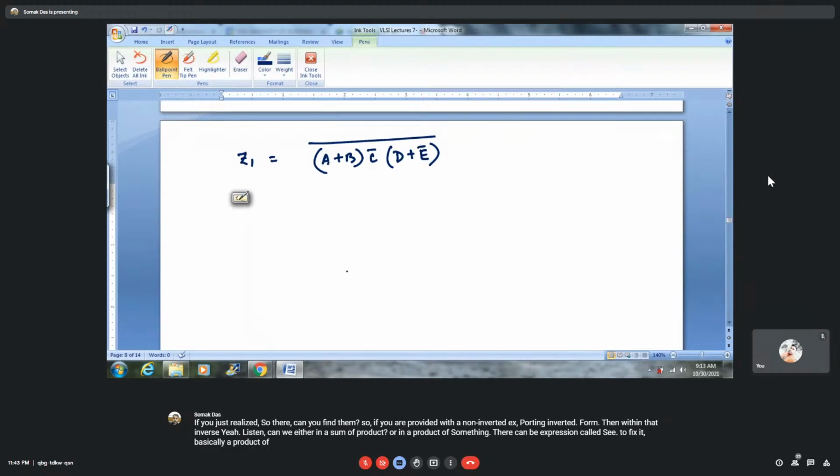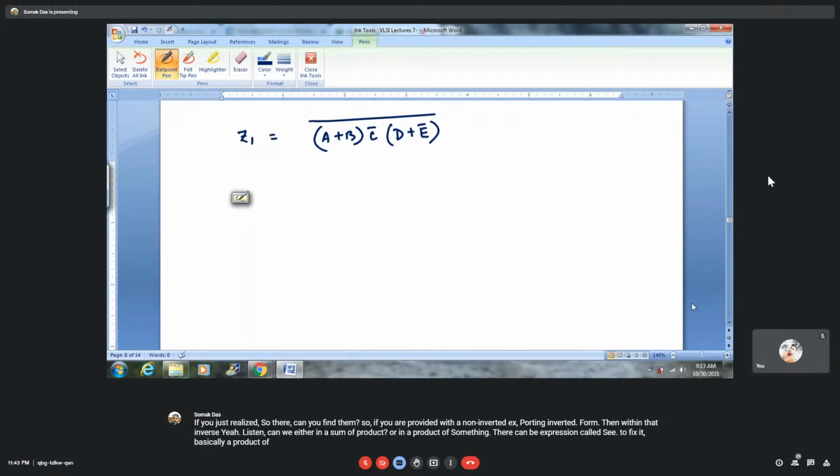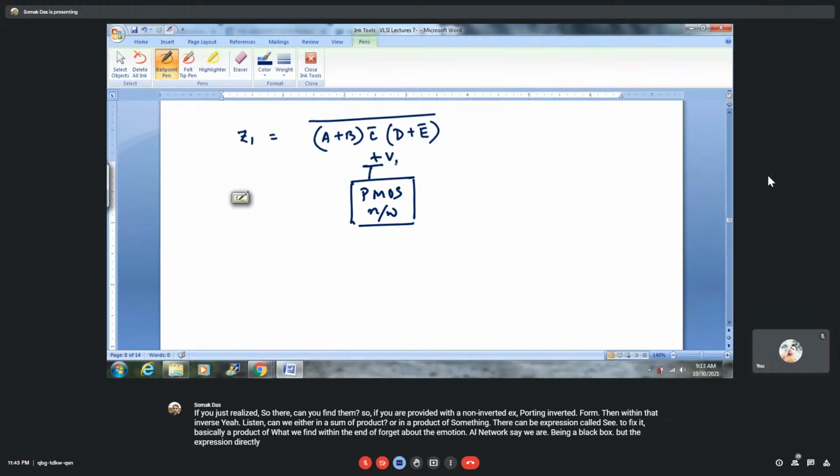What we find within the NMOS network, forget about the PMOS network. We are using a black box for the PMOS network, but our expression directly corresponds with the designed NMOS network. So we will be designing the NMOS network. What will be the NMOS network in this particular case?